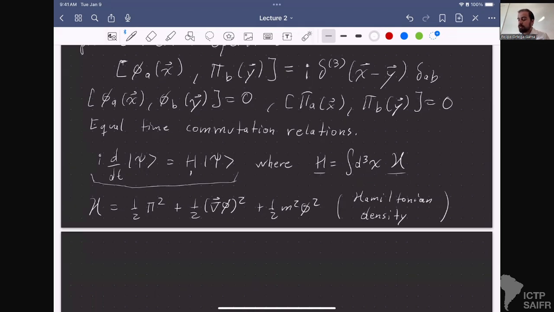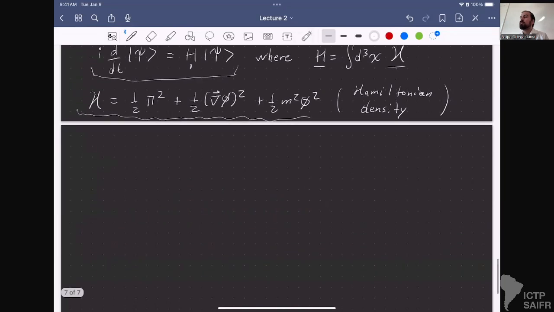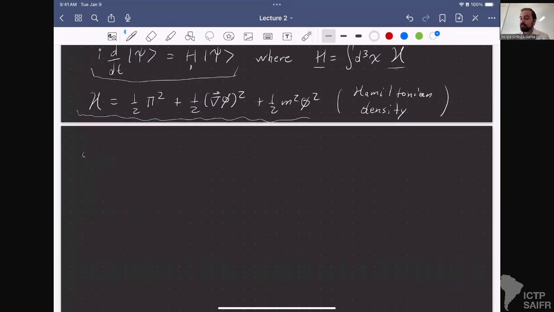Okay, so if we use this specific Hamiltonian, then you still have quadratic dependence on your fields. And as you might imagine, we can use a similar trick to what we did with the harmonic oscillator, where we say that the fields at a given space point, so we're still at fixed time, are going to be some Fourier transform.